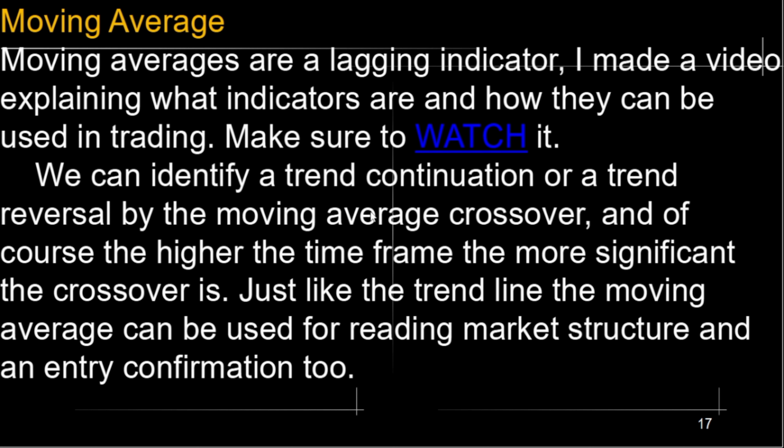We can identify a trend continuation or a trend reversal by the moving average crossover. And of course, the higher the time frame, the more significant the crossover is. Just like the trend line, the moving average can be used for reading market structure and an entry confirmation too.